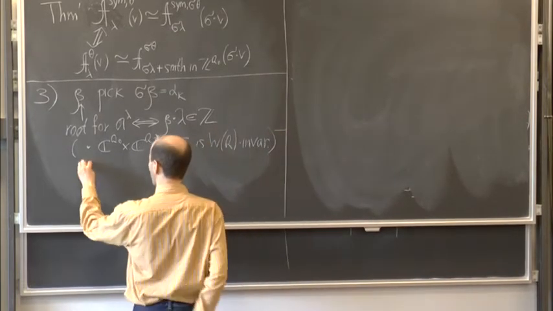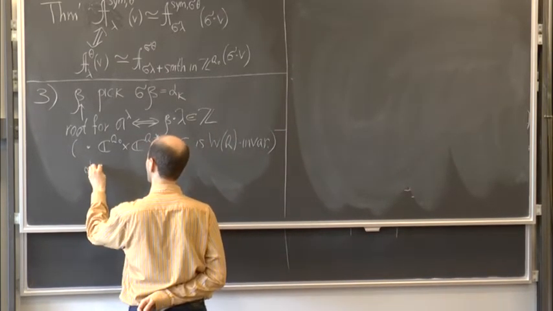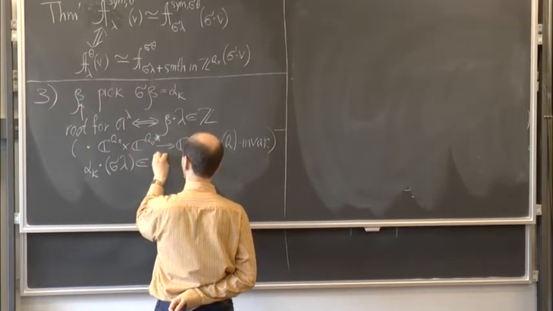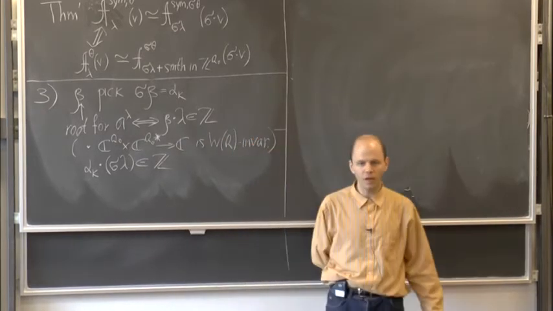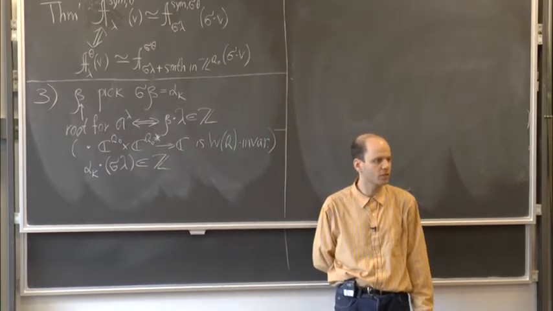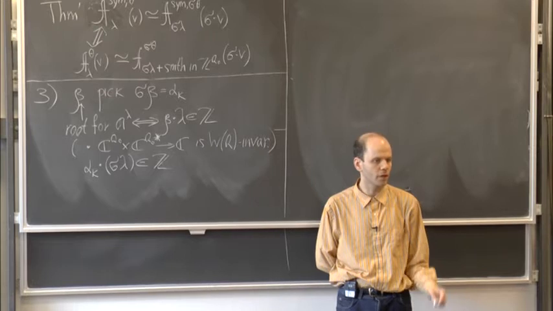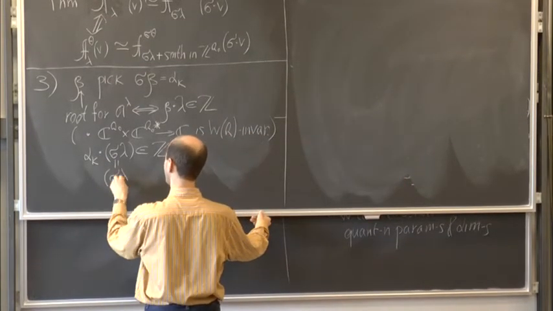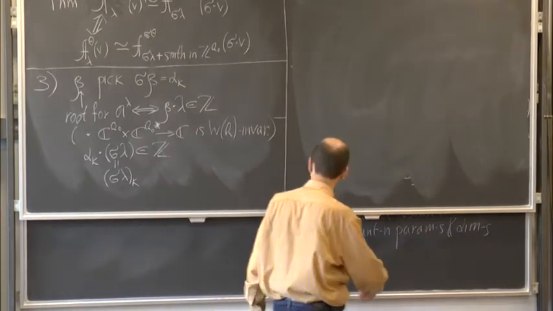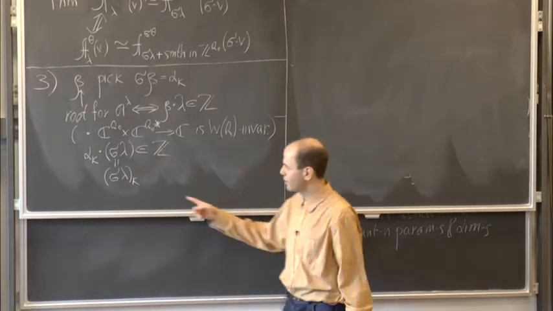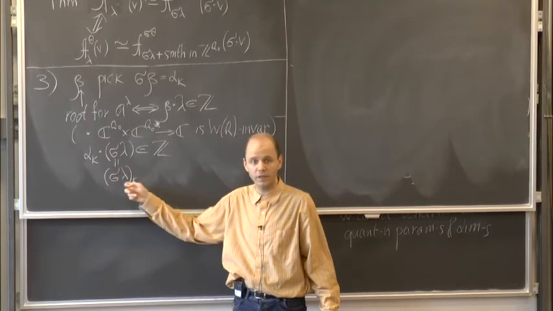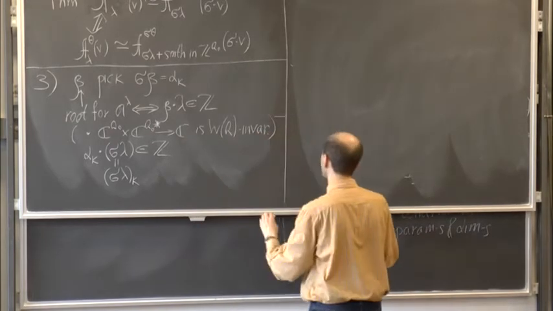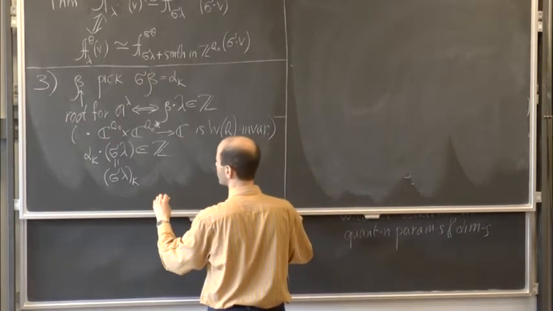So it follows that alpha k paired with sigma lambda is an integer. And what is alpha k paired with sigma lambda? Alpha k is just the coordinate vector, so this is just sigma lambda k. And so now I have a quantization parameter where k's coordinate is integral.